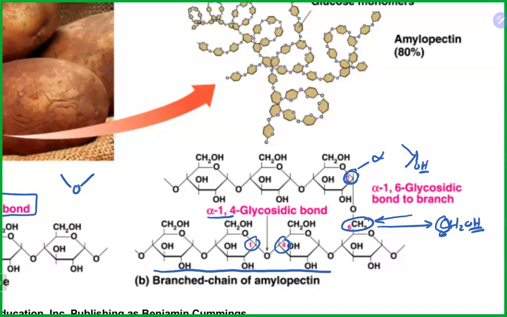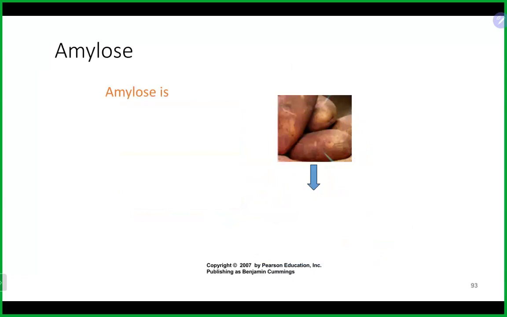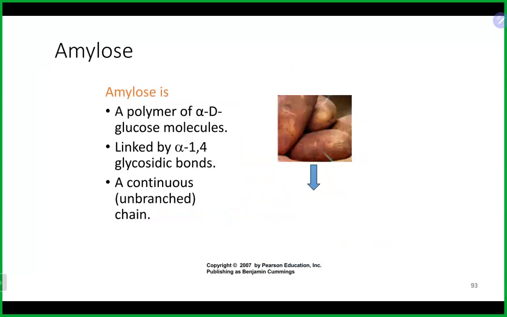So here we have 2 different glycosidic bonds, the same one that we see in both for the main part of it, but on the branching points, they're branching between carbon number 1 and carbon number 6 between our different glucose molecules.